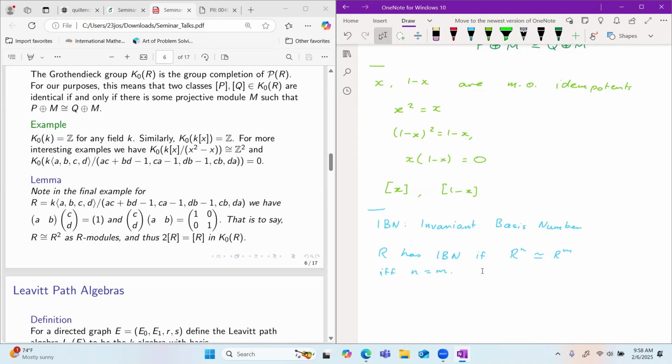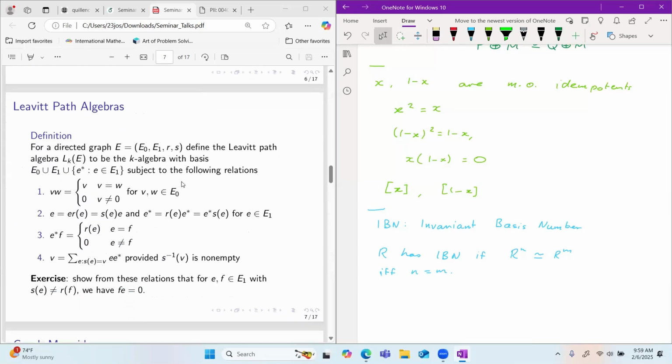But if you're looking in the non-commutative world, you have to be on the watch for things like this. And you can also have rings where, say, the free module of rank 5 is isomorphic to the free module of rank 8, but you don't have anything less than that. And if you look to the K0 group, that'll give you a K0 group that's torsion. And that's also interesting in and of itself.